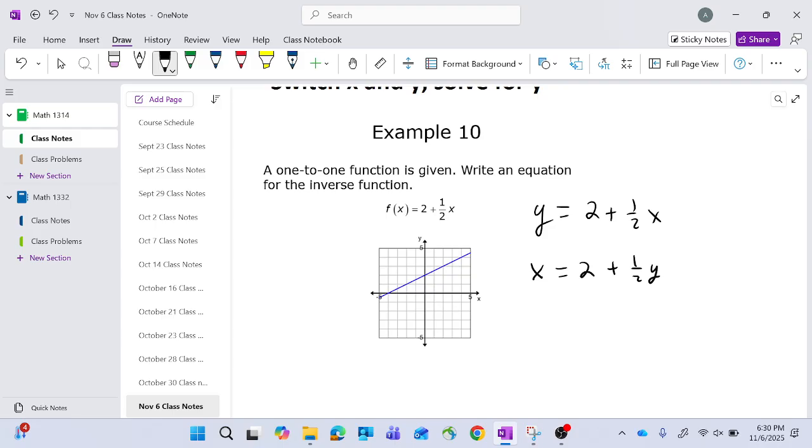Now I'm going to solve for y. I'm going to subtract 2 on both sides to get the 1 half y by itself. So x minus 2 equals 1 half y. Then multiply both sides by 2, because I don't want a 1 half.